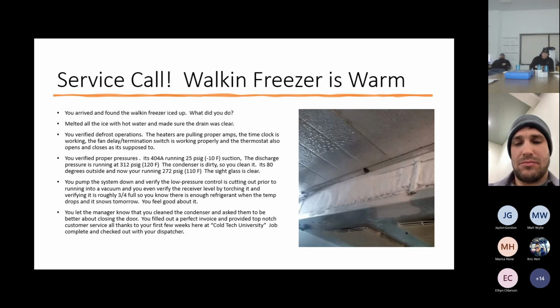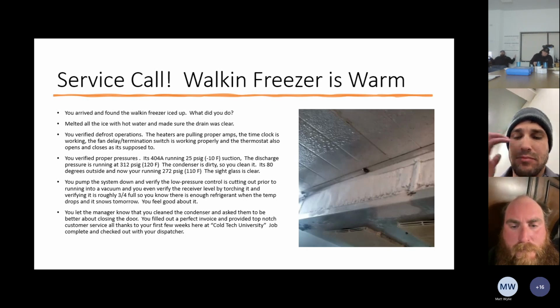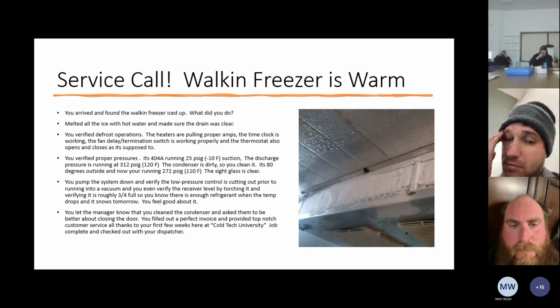So in your service call here, it said filter dryer temperature difference. What are you considering a temperature split enough there to be replaced? I mean, that's me. I recommended it in this service call. The tech recommended it. The big point was he didn't check that on the initial visit, right? He found that on the callback visit. He didn't check superheat on the initial visit, and he didn't check his filter dryer on the initial visit.